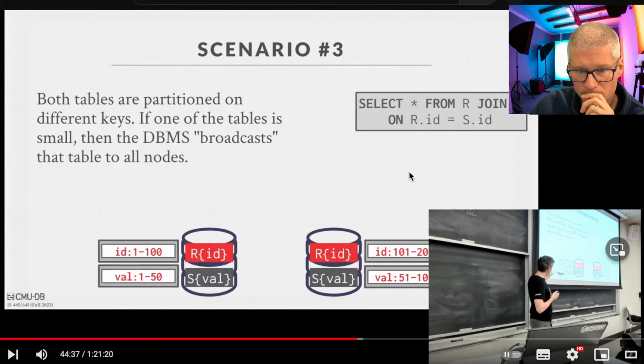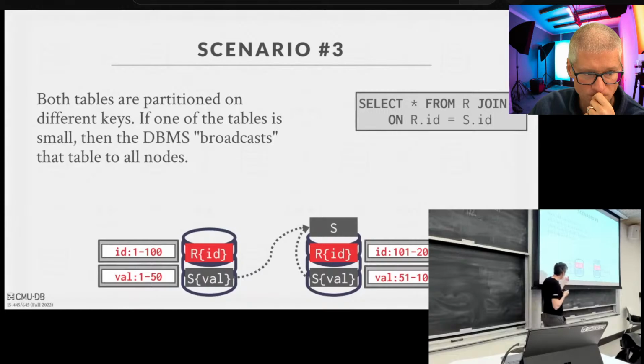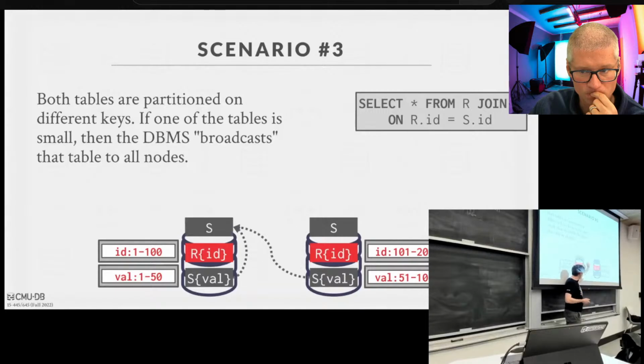So in this case here, R is partitioned on ID, and that's what we want to do a join on. But S is partitioned on value, right? So we can't do the join because we don't know whether SID 1 is going to be on this node or the other node, and we would have a false negative. So in this case, because S is the smaller one, we're going to send a copy that I have from this node to the other node, and then likewise, he's going to send me his copy.